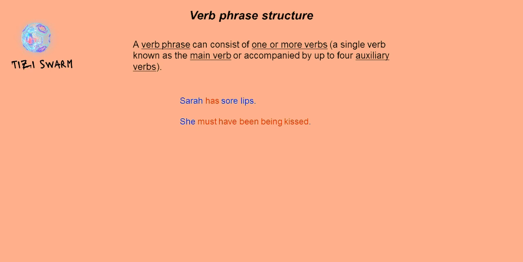All right, so in the sentence "Sarah has sore lips," we've got one verb, that's the verb phrase, and it's the main verb, so it's on its own. In the sentence "she must have been being kissed," we've got the verb phrase, and that consists of 5 verbs. So kissed is the main verb, and there's 4 auxiliary or 4 helping verbs: must have been being. Okay.